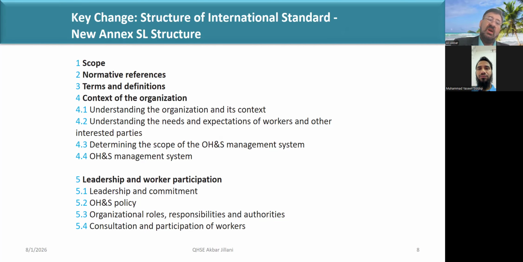Sometimes we have a client on our side. Sometimes the client tells us that you have your management system in place, but you have to comply with our management system. Yes, because I developed the management system for one company, and they told me we are currently working with ADNOC.